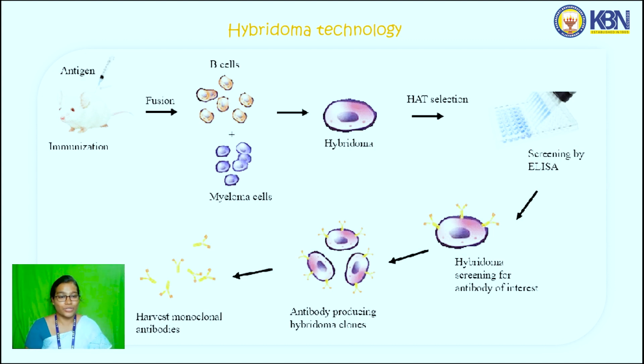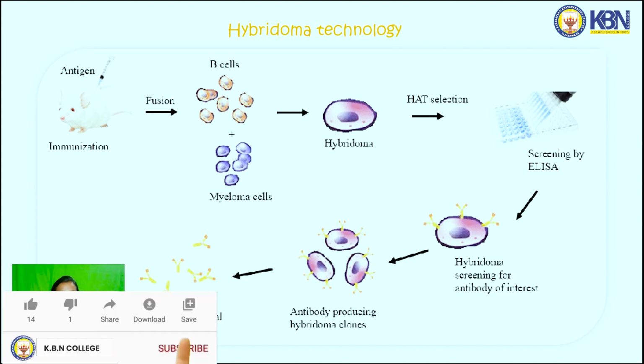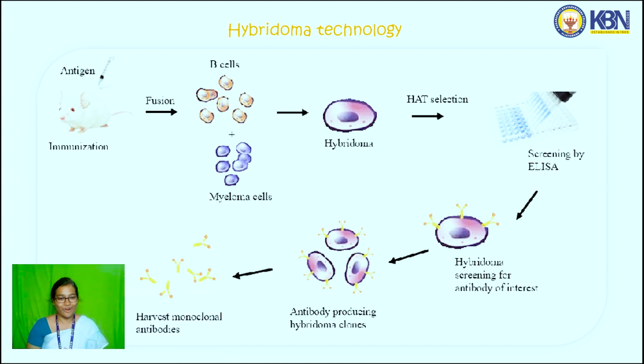For this purpose, what we do is we take myeloma cells. You know myeloma cells, these are cells which cannot die, but can undergo several divisions. They are basically tumor cells which can be obtained from the bone marrow. So the cells which will not die, and the cells which will produce antibodies, these two together will be a great combination to give us monoclonal antibodies.